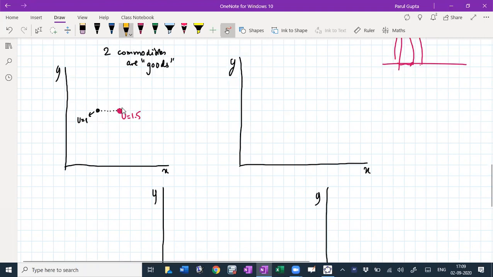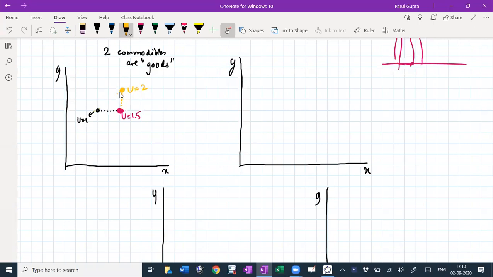Now, if I move further up from this point and reach this point, the yellow one, will this give me higher utility than 1.5 or lower? Higher, because now it has the same amount of X, but more of Y. So this is something like U equal to 2 maybe.